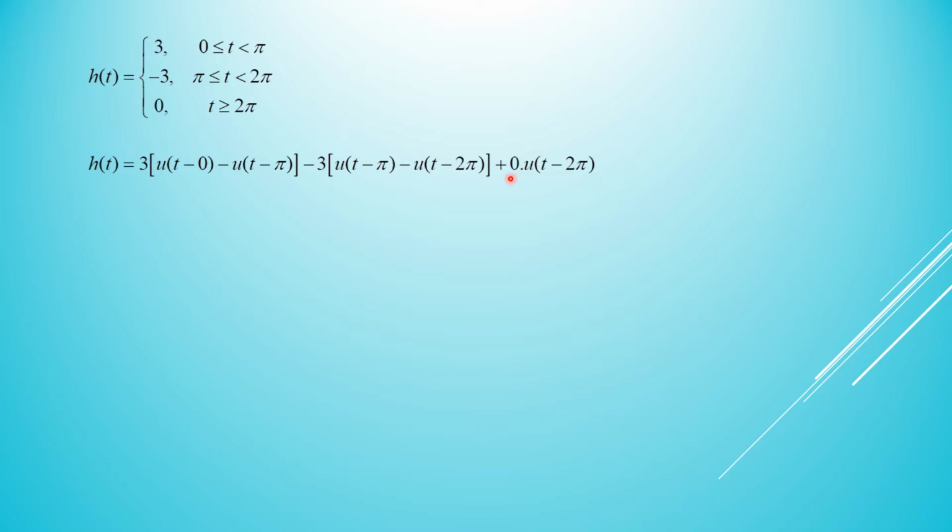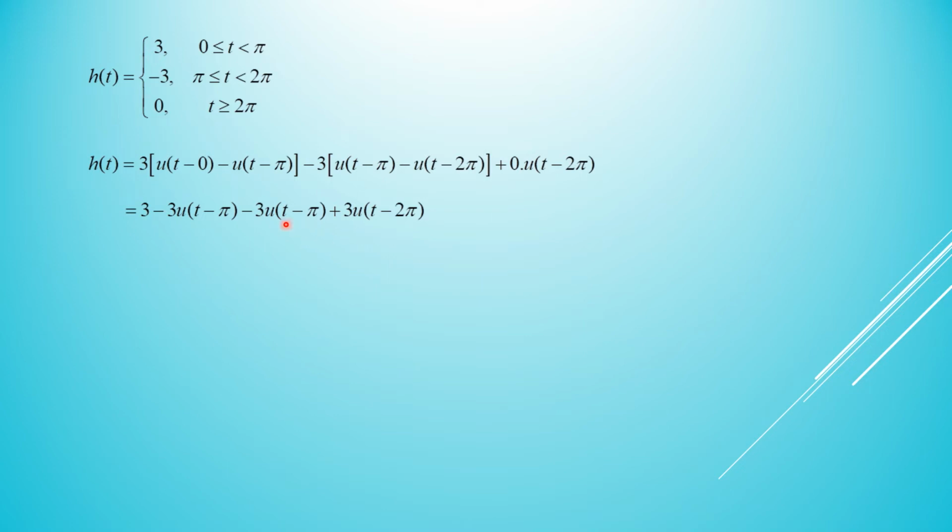Now 0 times anything is equal to 0. So this part here, you don't have to write it at all actually. Now we know that u(t minus 0) equals 1. So now let us expand this by opening up the bracket. So h of t is equal to 3 times 1, which is 3, minus 3 times u(t minus pi), minus 3 times u(t minus pi), plus 3 times u(t minus 2 pi).